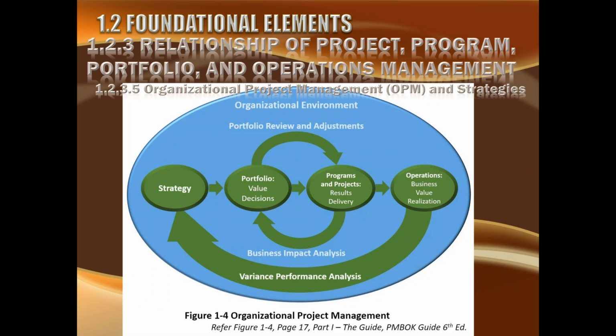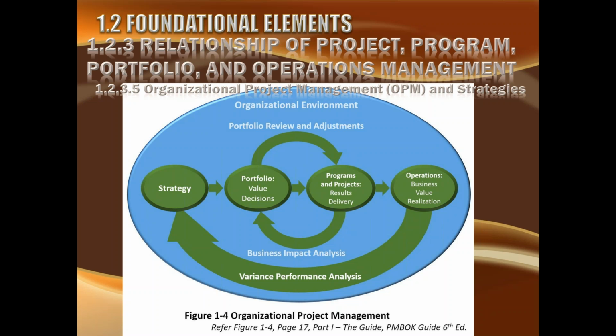Let us look at this diagram. This is organizational project management and strategic objectives. In the organizational environment, we have the strategy which is impacting the portfolio, which is going to deliver the value, and decisions are taken.